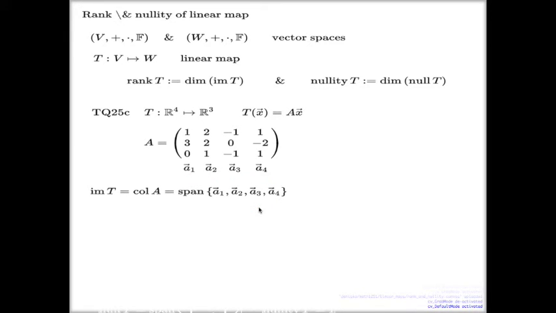The rank, which is the dimension of the image, the dimension of the span, will be the number of linearly independent elements within these 4. Numerically, we know how to do that.